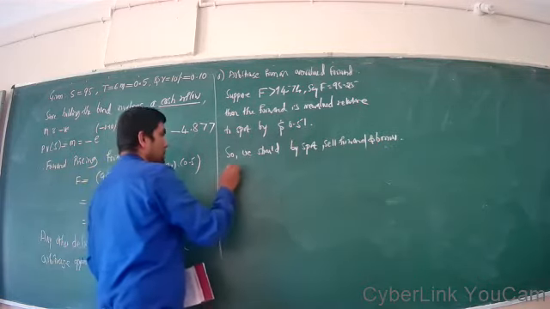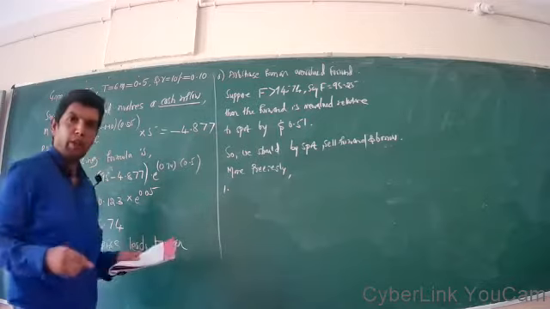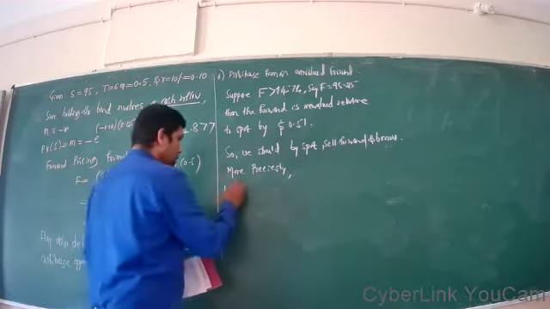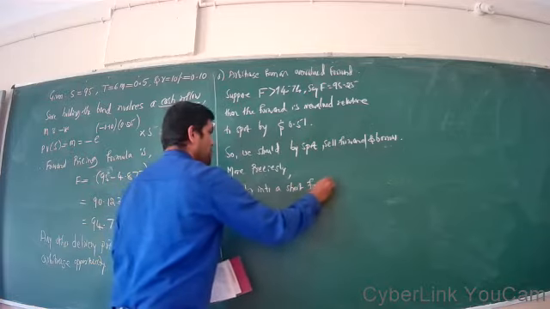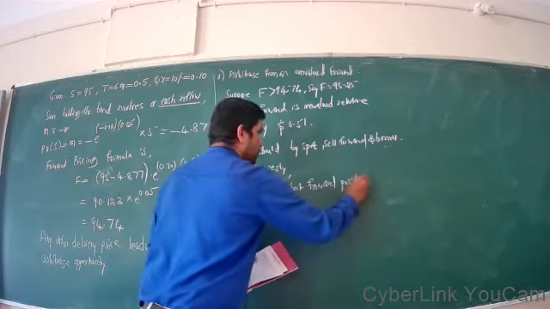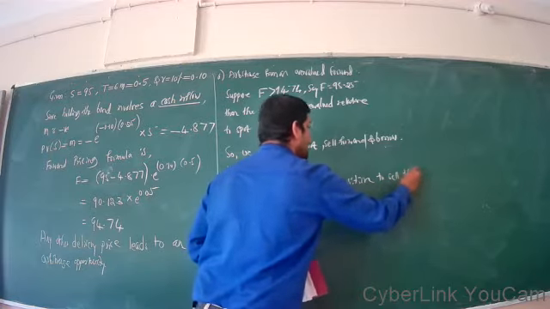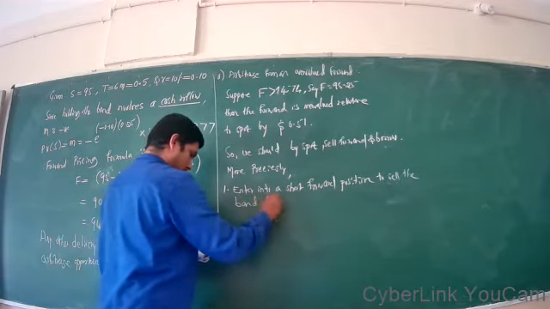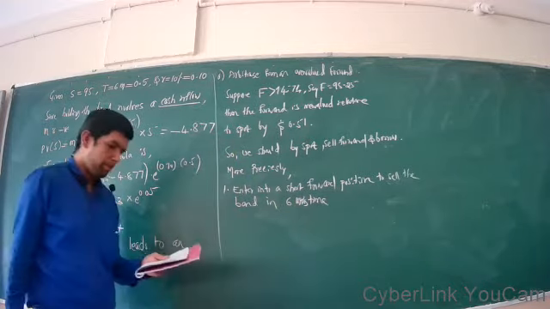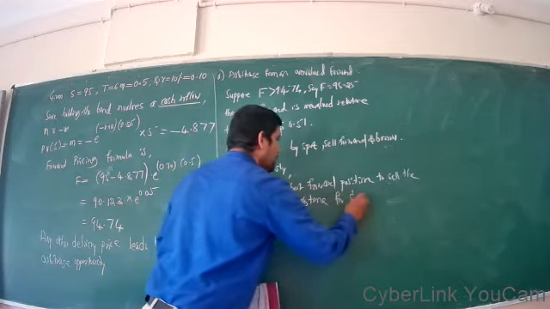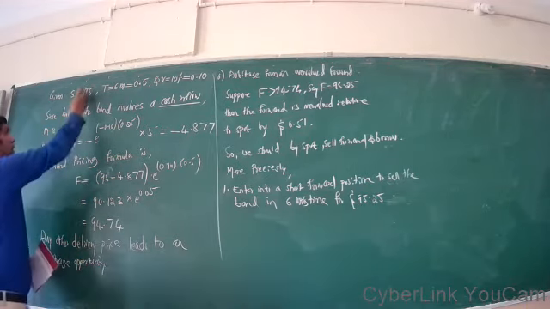More precisely, first step, enter into a short forward position to sell the bond in 6 months time for $95.25. Here all the figures are in dollars.